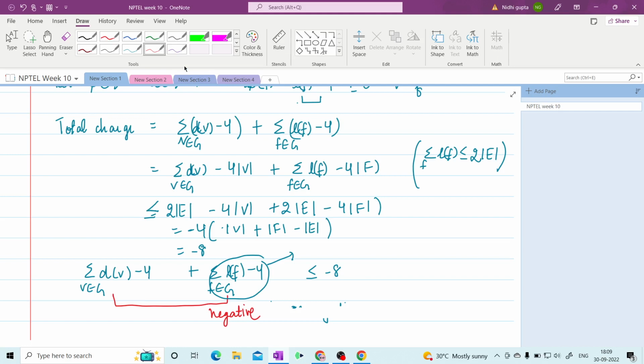But the charge contributed by faces is non-negative. Therefore, this term is non-negative.